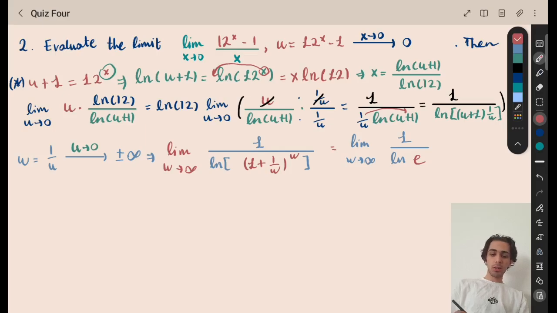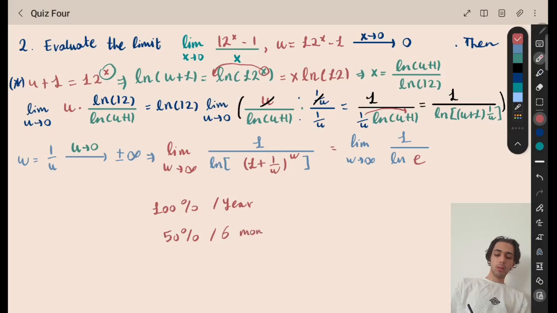You can recall the discussion about accumulating 100% over 1 year, or 50% over 2 years, or 33%, I'm sorry, it was accumulating 100% per year, or 50% per 6 months, or 33% for 4 months. You see where this game is going.